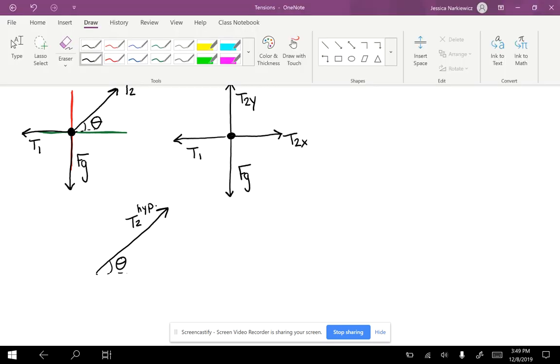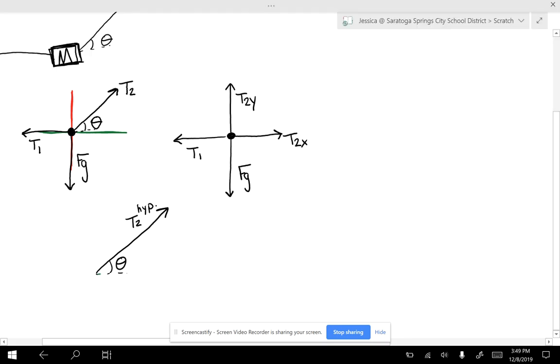Okay. To find T2X, that's how far T2 pulls to the right. Okay. So that makes this side, based on where the angle is, the adjacent side. So that means we need to use cosine to figure out what T2X is. So that tells me that T2X is T2 times the cosine of theta.